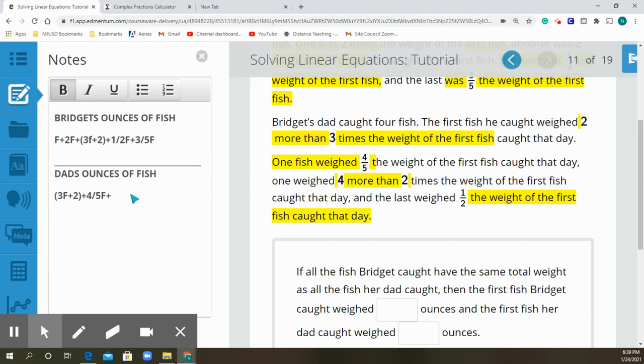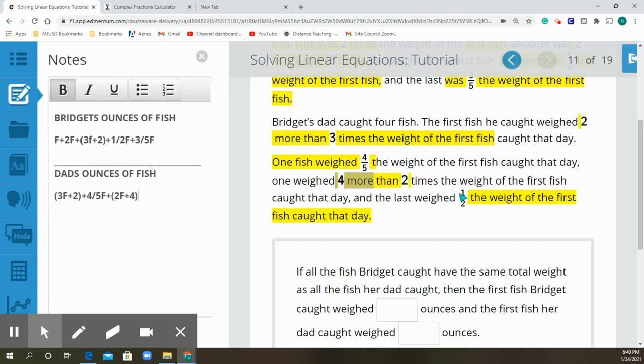So 2 times the weight of the first fish plus 4 more. So it's 4 more than 2 times the weight of the first fish.